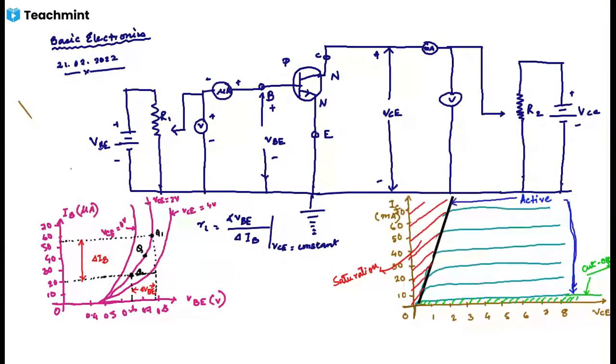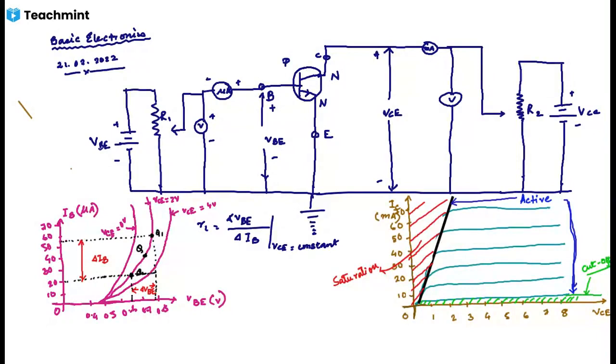In saturation region, the collector current IC does not depend upon the input current IB. Now, if the base current is made 0, then the collector current is non-zero. It has a value known as reverse leakage current or ICEO. This condition is called cutoff region of the transistor.